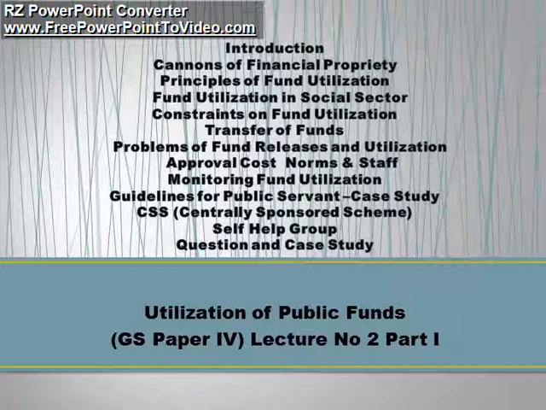Social sectors include education, health, water supply and sanitation, social security and welfare, nutrition, etc. The systemic weaknesses for fund utilization are rigidity in the norm, guidelines, and unit costs governing the central schemes.